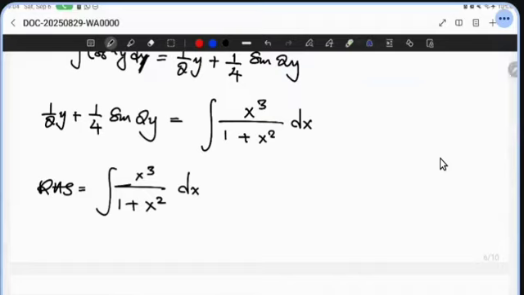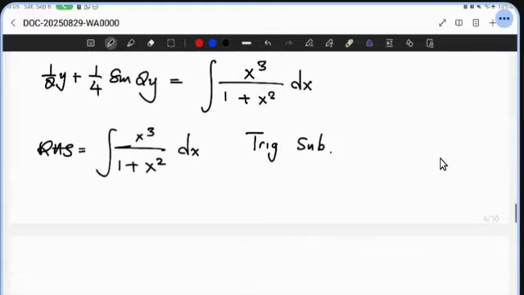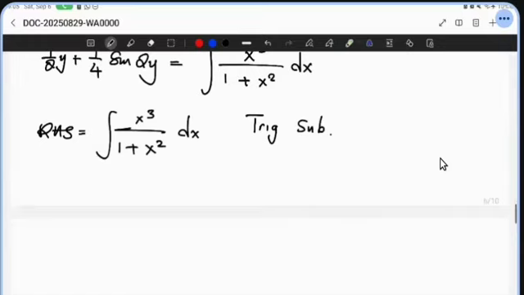Anyone to try? Which trig substitution here can work?